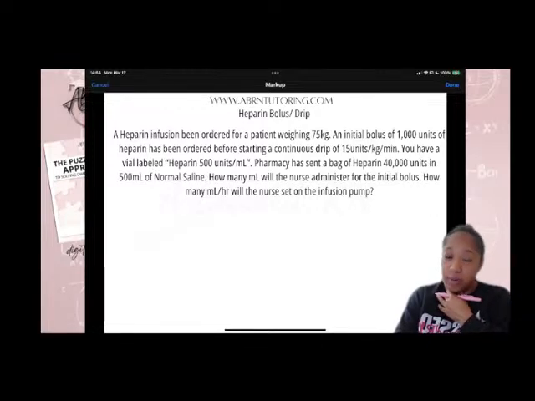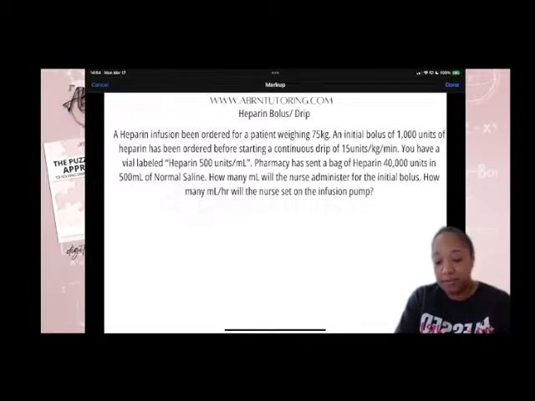This seems like a pretty complicated problem, but don't let the word bolus fool you. Bolus just means a one time administration of a dose of medicine, okay? Before you can start the drip of heparin, you need to get that heparin in the blood to a place where it's going to start working.